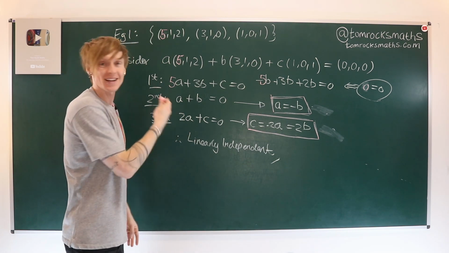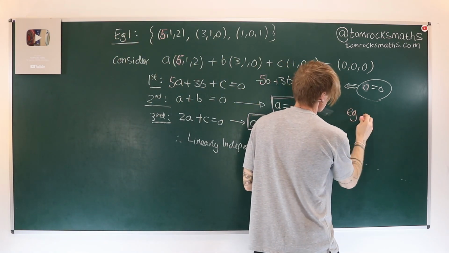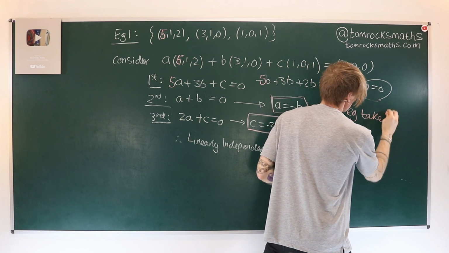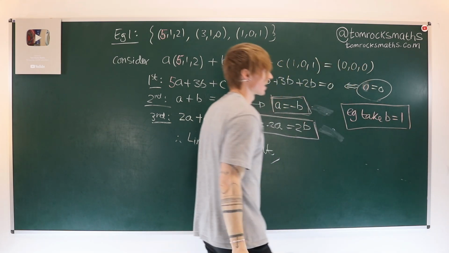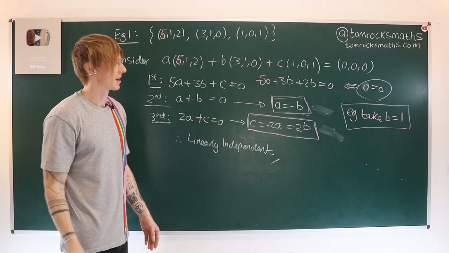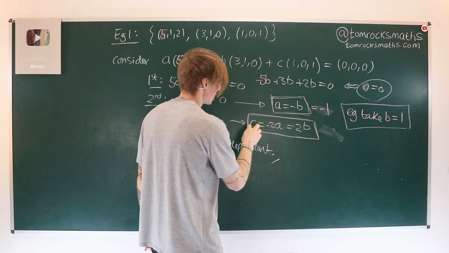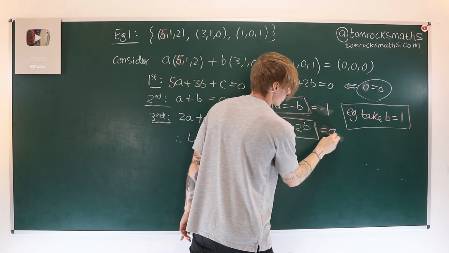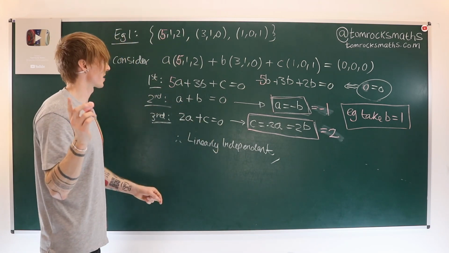So what this is actually telling you is you can say, okay, so e.g. take b equals 1. So if I take b to be 1, then a is now minus 1, c is now 2. So if I plug those numbers in, let's check this works.